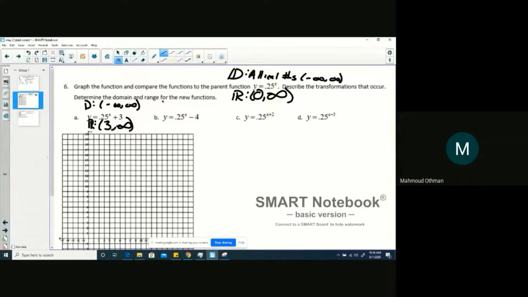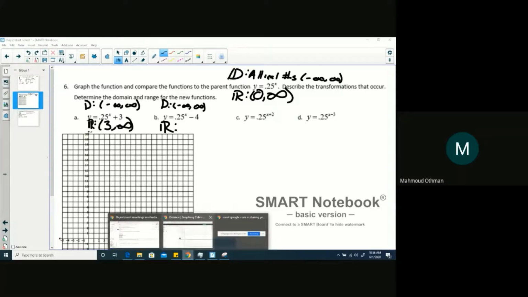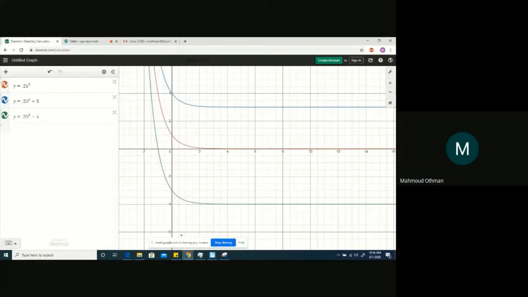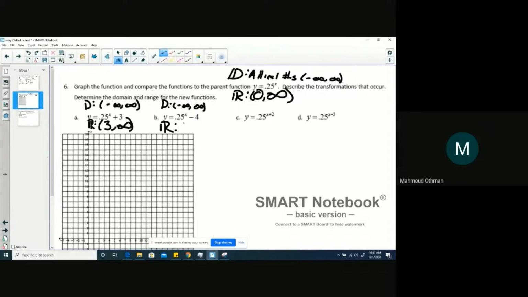The domain is going to be the same: no change in the x values, or the inputs. For the range, looking back at the graph, this one tries to approach negative 4 but never really gets there. This function is big and then gets smaller, so it goes from infinity to negative 4, but it never touches infinity and it never touches negative 4.